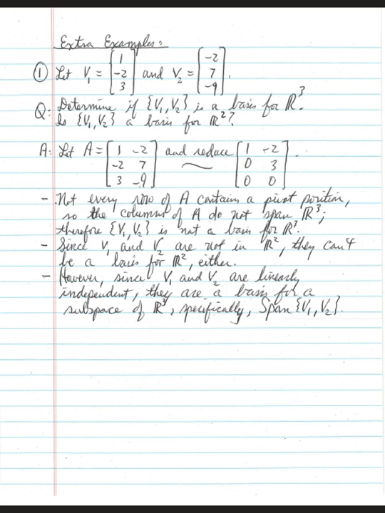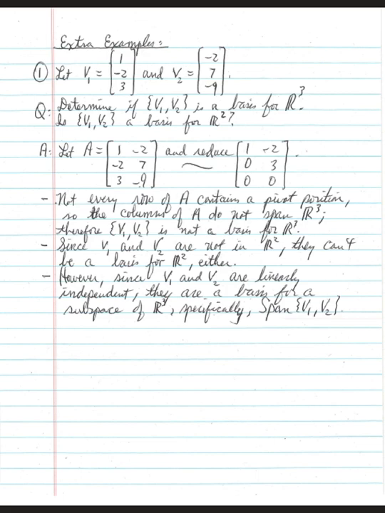Let me read that again. Not every row of A contains a pivot position, so the columns of A don't span R3. Therefore, V1 and V2 is not a basis for R3. Now, since V1 and V2 are not in R2 because they have 3 entries, they can't be a basis for R2 either.